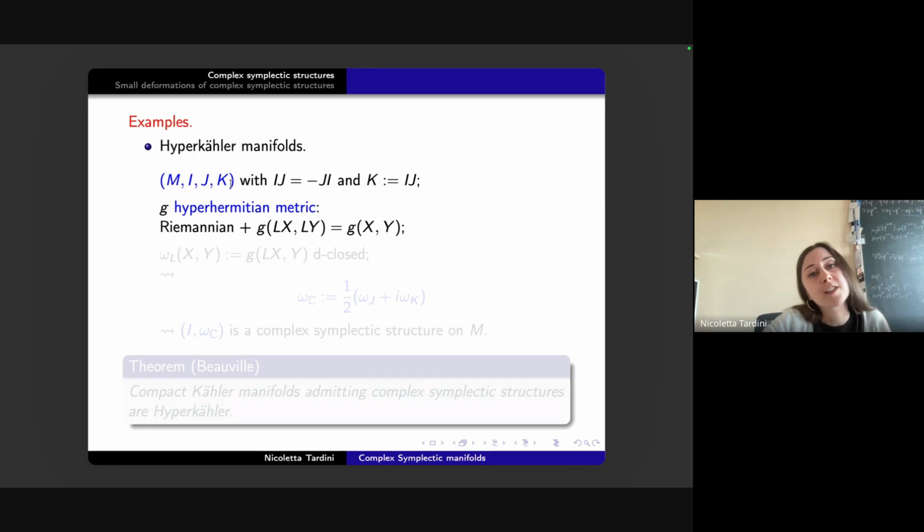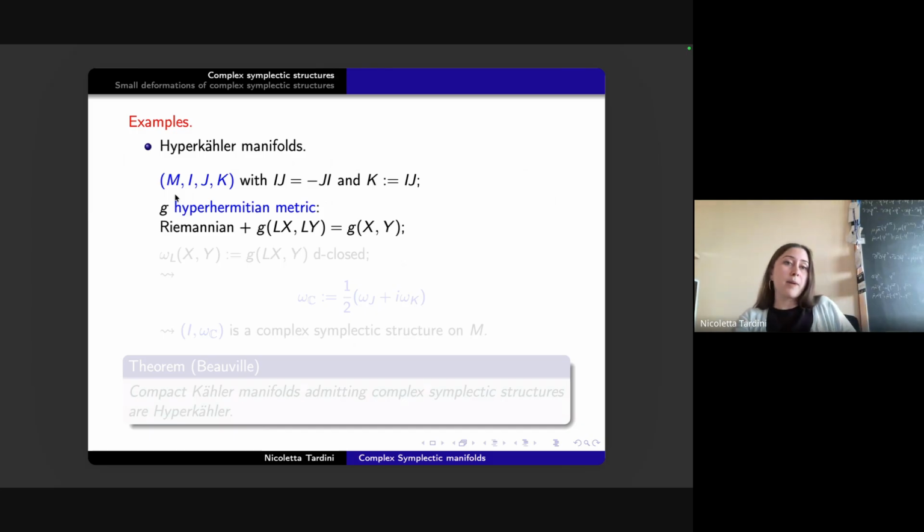And these structures behave like the quaternionic units. So I and J anticommute, and K is defined as the composition of I and J. This means that we have a hypercomplex manifold.